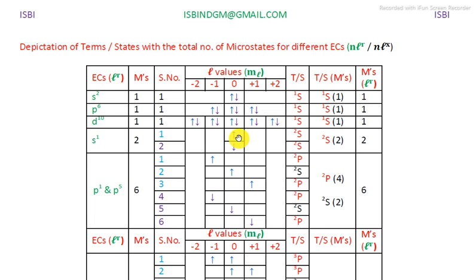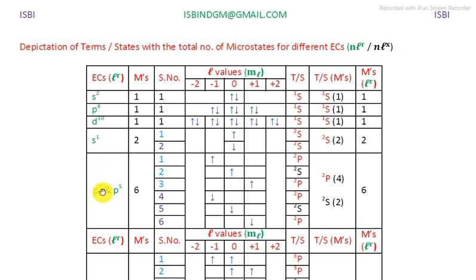The capital L value for both these microstates is S only. Number of unpaired electrons in both cases 1. Total spin multiplicity is 2. The term is 2S with 2 microstates. Total number of microstates for the s1 electronic configuration is 2.